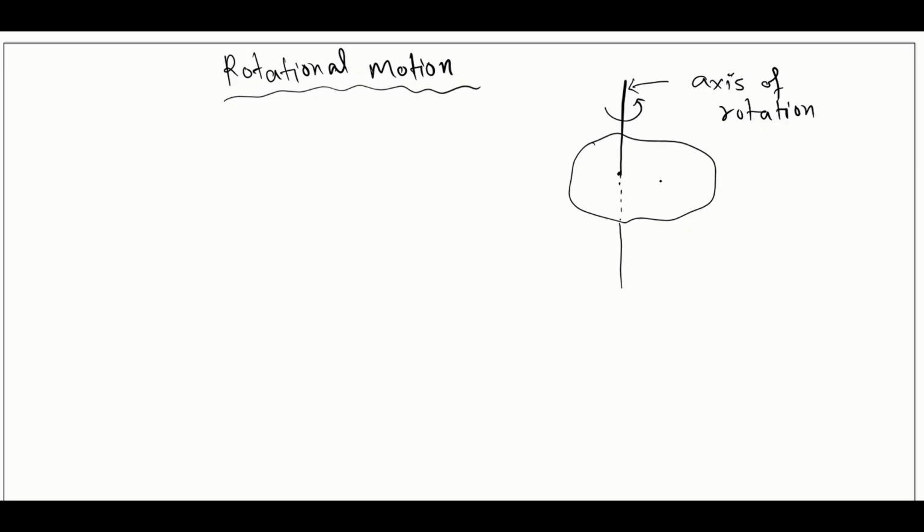Let's say this particle here. When this object is rotating, this point particle in this object will move in this circle.